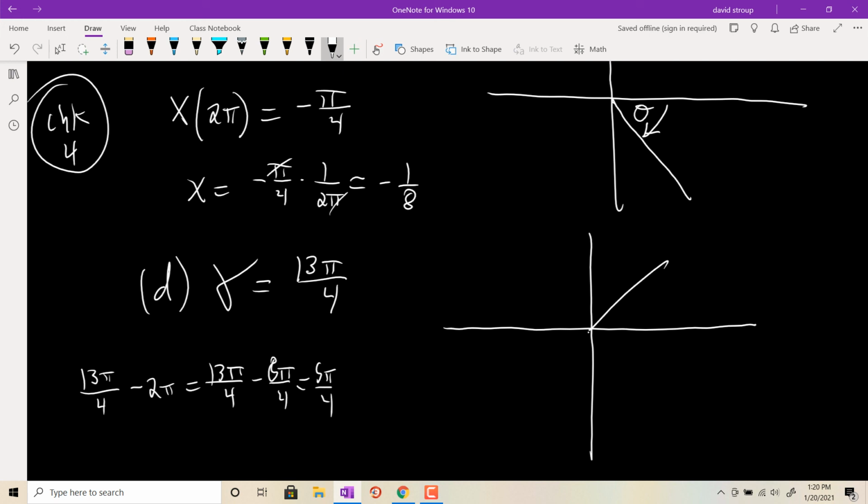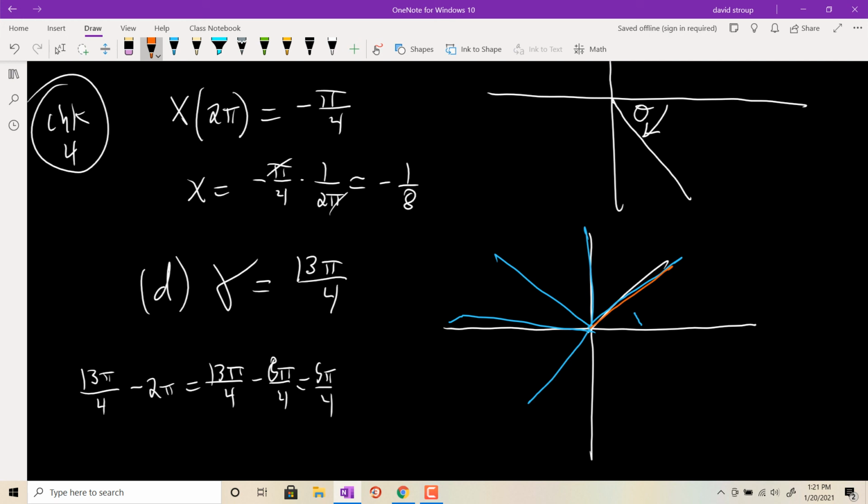So here's 1 pi over 4. Let me do this in blue, I guess. 1 pi over 4, 2 pi over 4, 3 pi over 4, 4 pi over 4, 5 pi over 4. Okay, this is the angle. But that's coterminal with 13 pi over 4. So let's find 13 pi over 4, and I'll do that in red so you can see how this coterminal issue works.